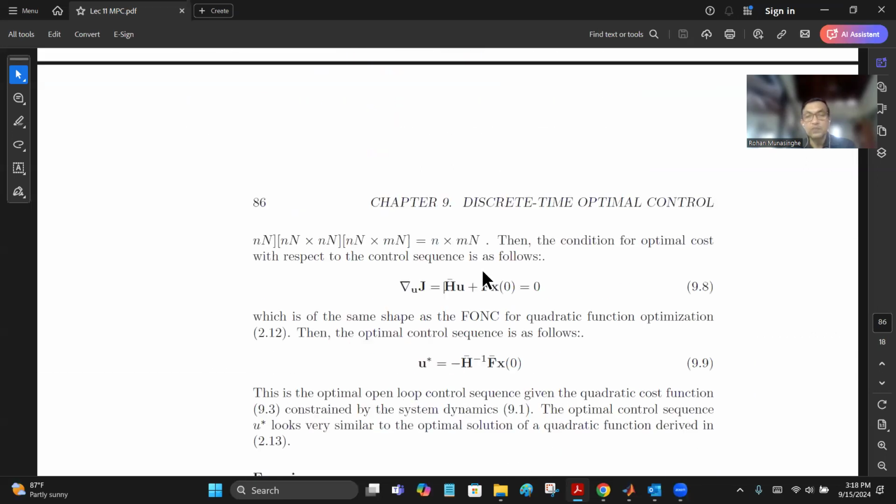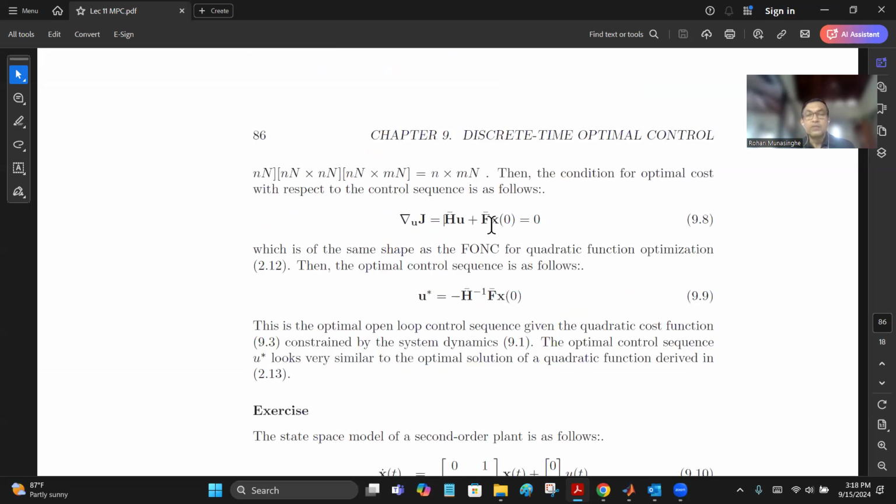And you want to set it to 0 because that is the optimal j. Out of that, you can get u star. This star means optimal. The optimal control sequence u star is equal to minus h bar inverse f bar x0. Very beautiful equations.